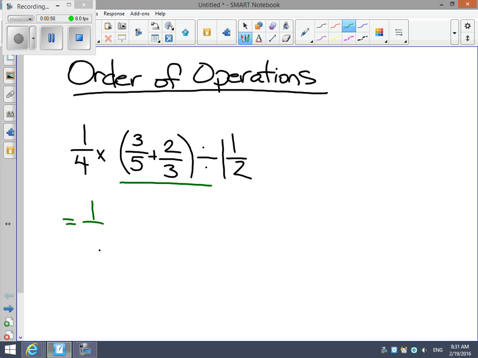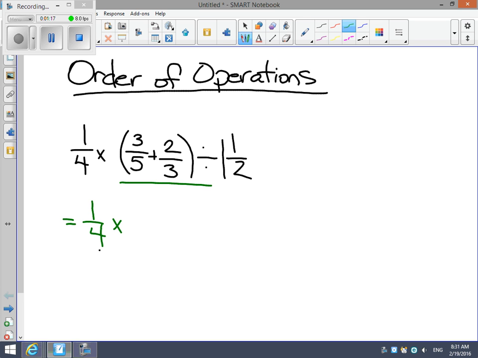We don't change our order, so we still have to write this 1/4, and we're going to multiply, but we have to finish the stuff in the brackets. Inside the brackets is addition, and we should know from the many questions of practice we've done that we need a common denominator in order to add these successfully.